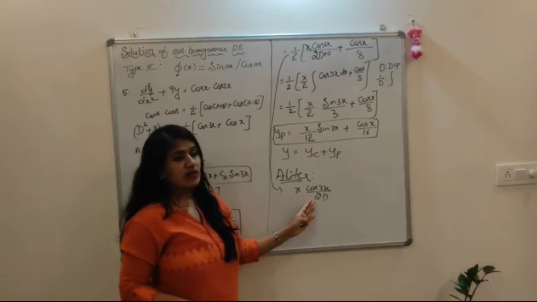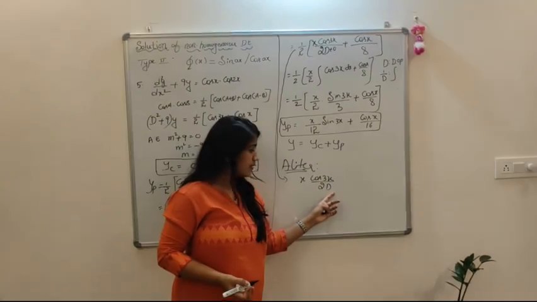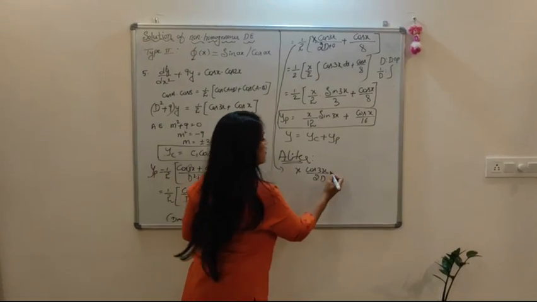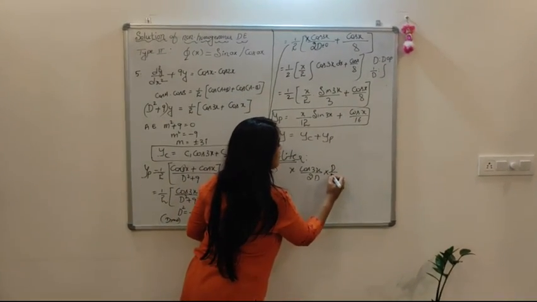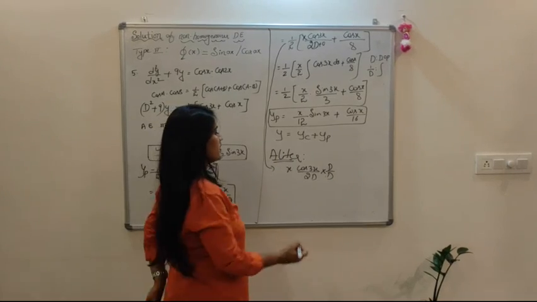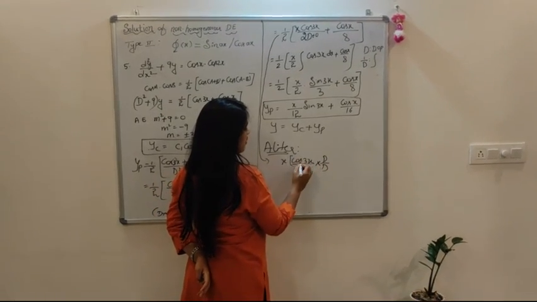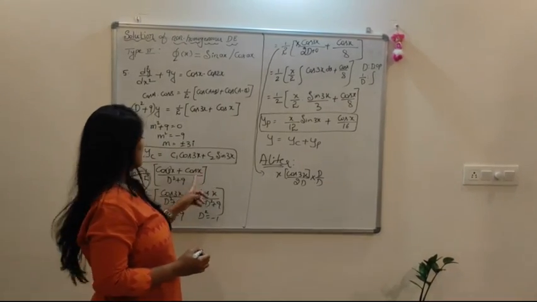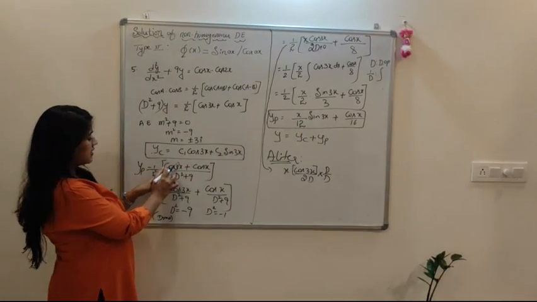I want to remove D, but D square is not there to do substitution. So I multiply and divide by D. This D we have to do only for the original term, initially we have only cos 3x.